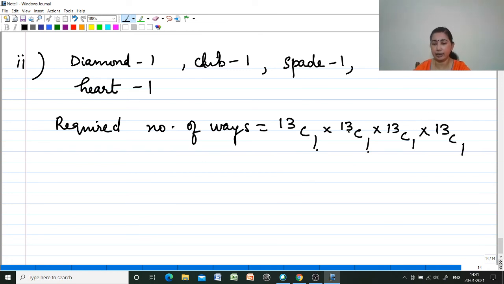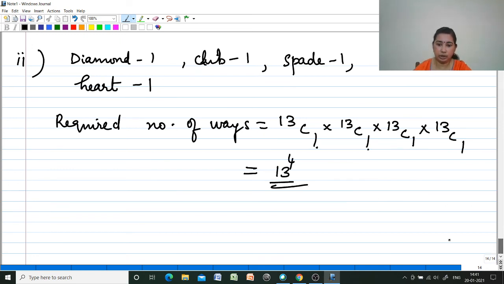That means 'and', and 'and' means we have to multiply. If it is 'or', as in the other one, we have to add. So that's the difference here. So here all the 4 are coming from different suits. So 13C1 into 13C1 into 13C1 into 13C1. 13C1 means it is 13, so 13 raised to 4.